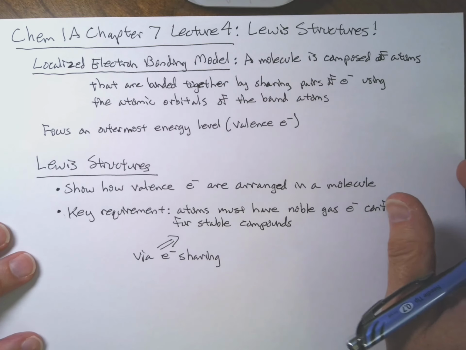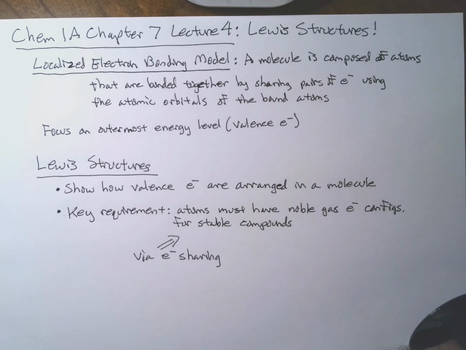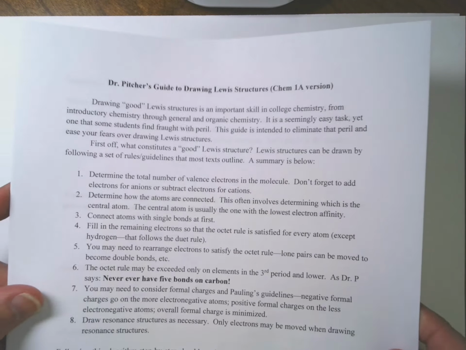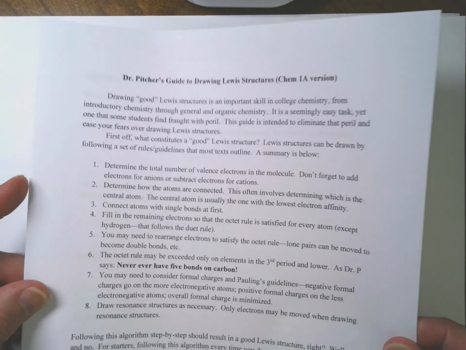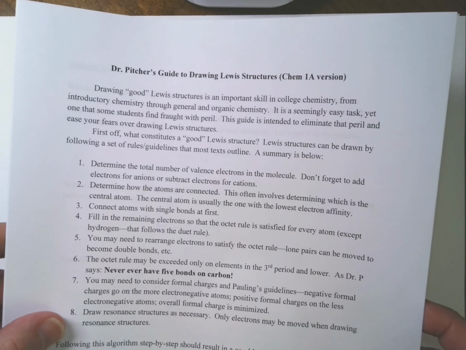Okay, so let me go ahead and write out some rules here. The rules are maybe a little boring, but I've got to list them and then we'll talk more about them. I have posted on Canvas Dr. Pitcher's Guide to Drawing Lewis Structures, Chem 1A version, and it has a summary of the rules.